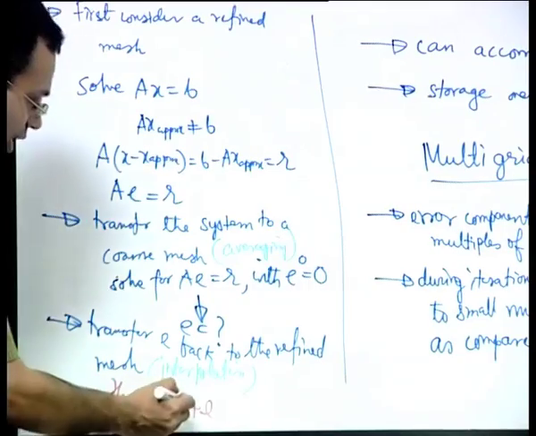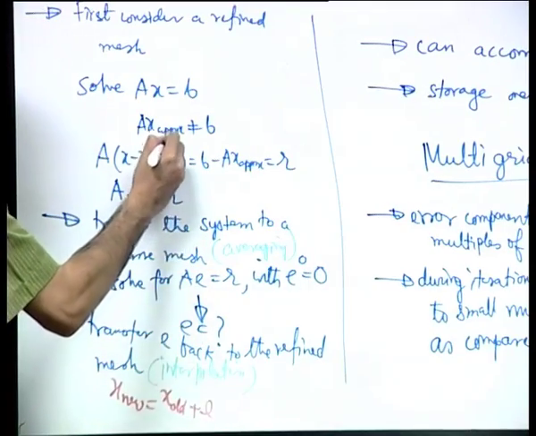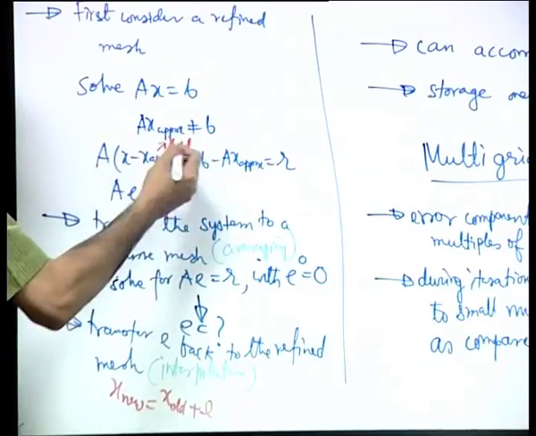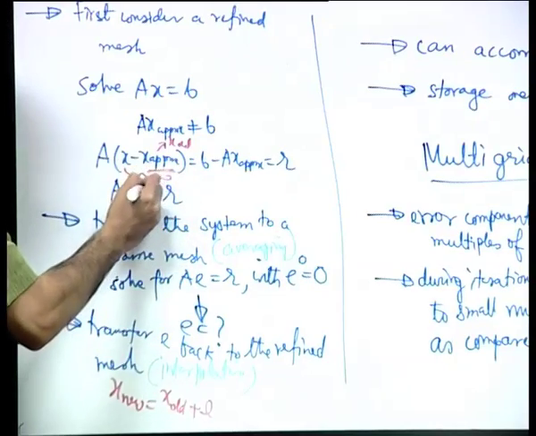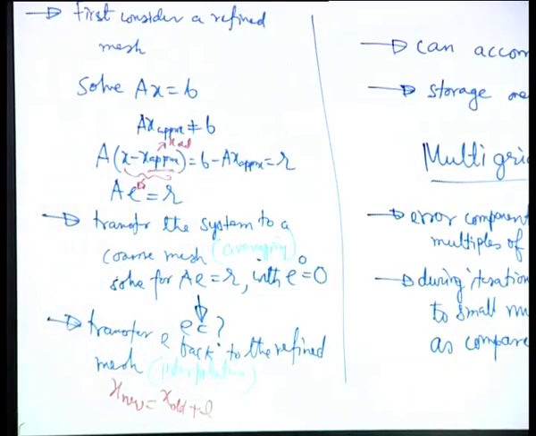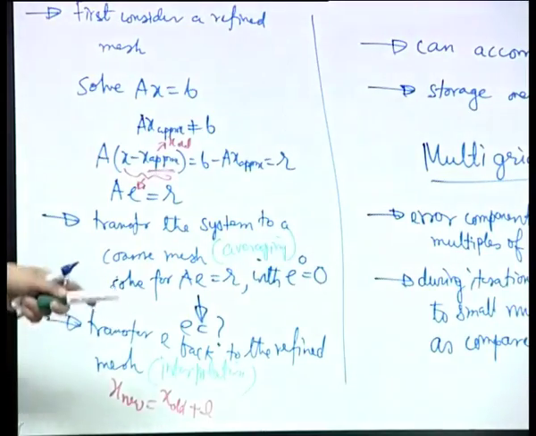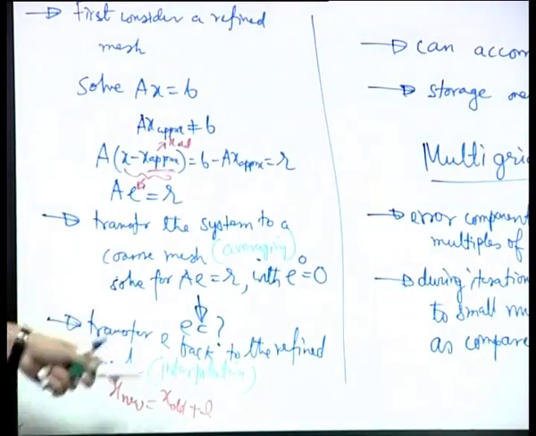This x old was x approximate, because x minus x old is the error. So you can update your x by considering the previous x plus the error.